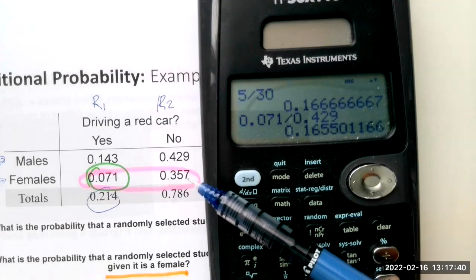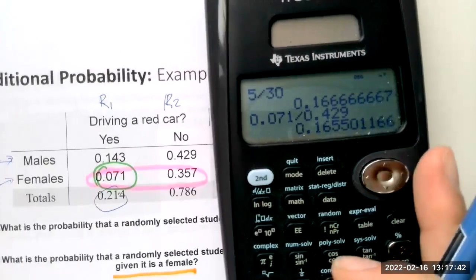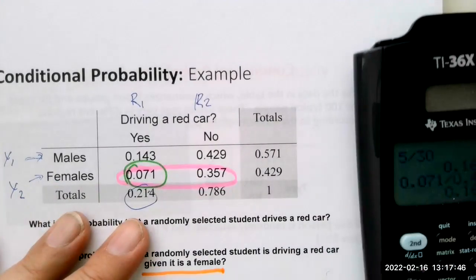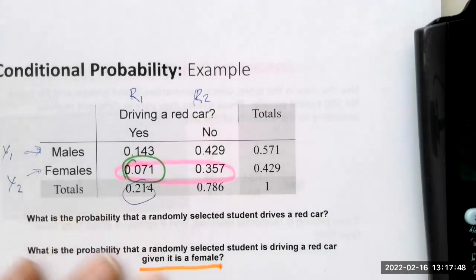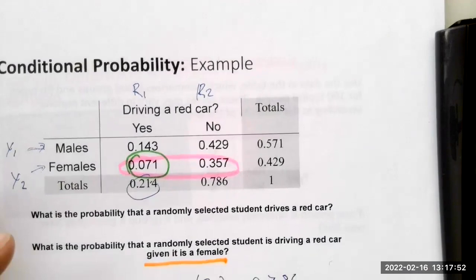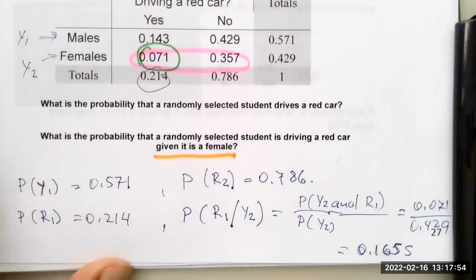So basically, if you have counts, you can use counts, or if you have a relative frequency distribution, you can use relative frequencies, which are also probabilities.